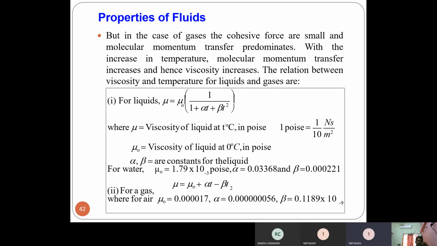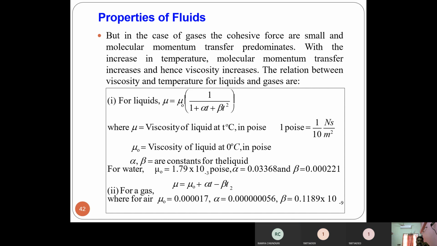For gases, the expression is mu is equal to mu naught plus alpha t minus beta t square. These are the mathematical expressions.